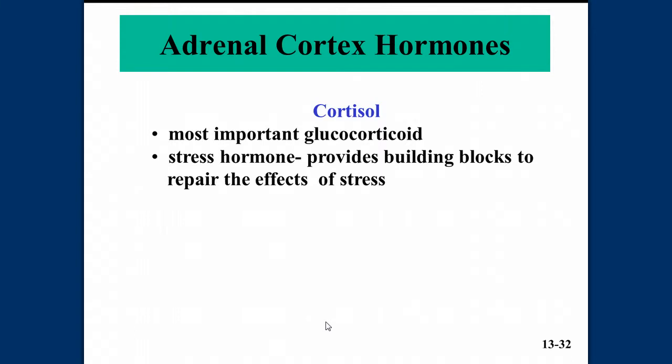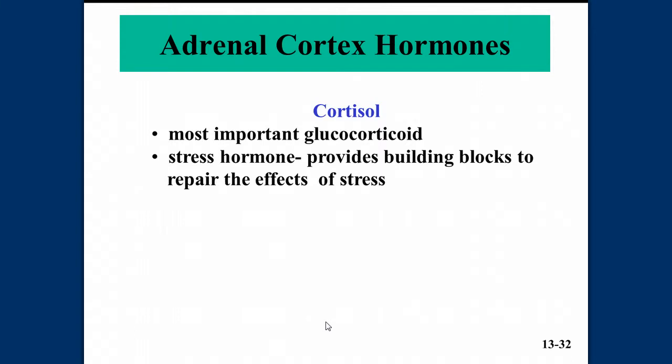Okay, so cortisol. It is thought that cortisol increases your desire to take in foods high in fat, and this is a hormone that might be found in the blood of those people who tend to be stress eaters.